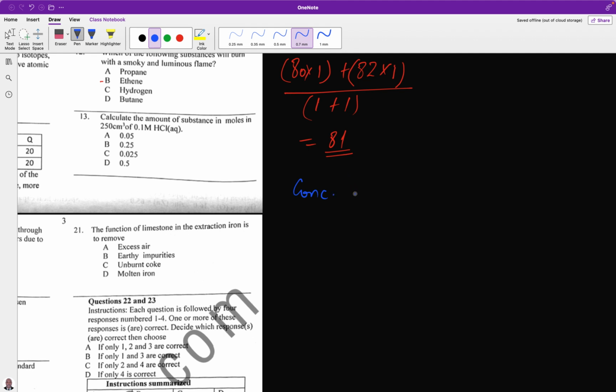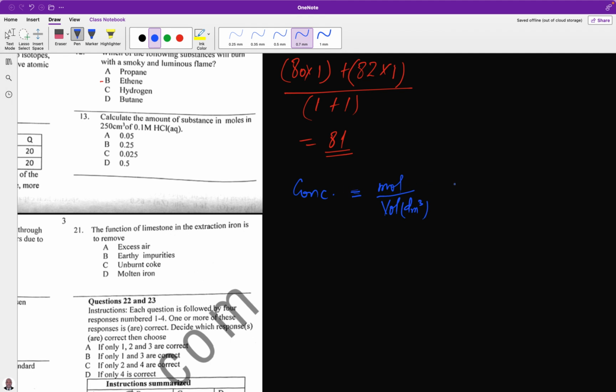In this case, we are asked to calculate the amount in moles.